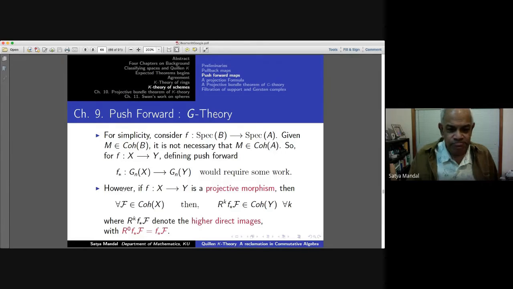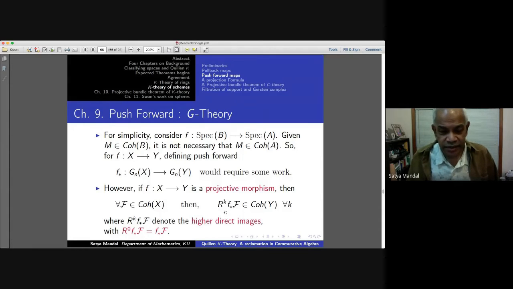Okay, so if F is a map of projective morphisms, and projective morphisms is what we'll be writing theorems about, then higher direct images have this property: if you have a coherent sheaf on X, the higher direct image is a coherent sheaf.